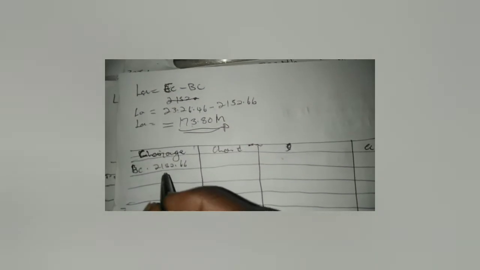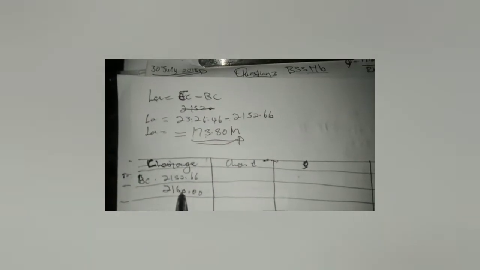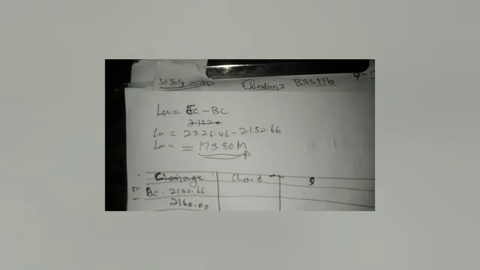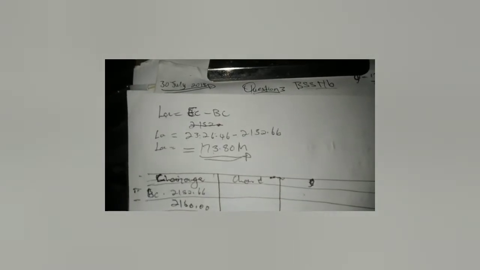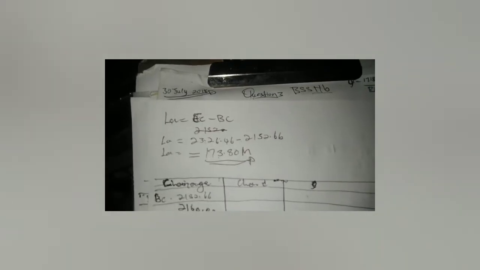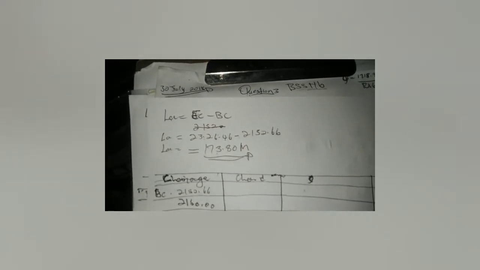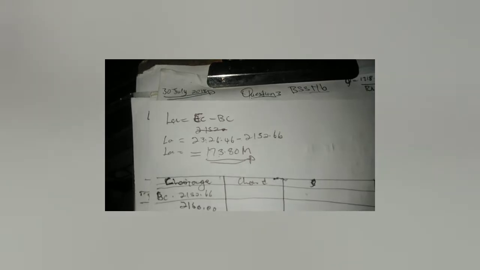From our BC, the next peg is 2160.00. We change to 20 meter chainage, and then after 2160 it's 2180, then 2200.